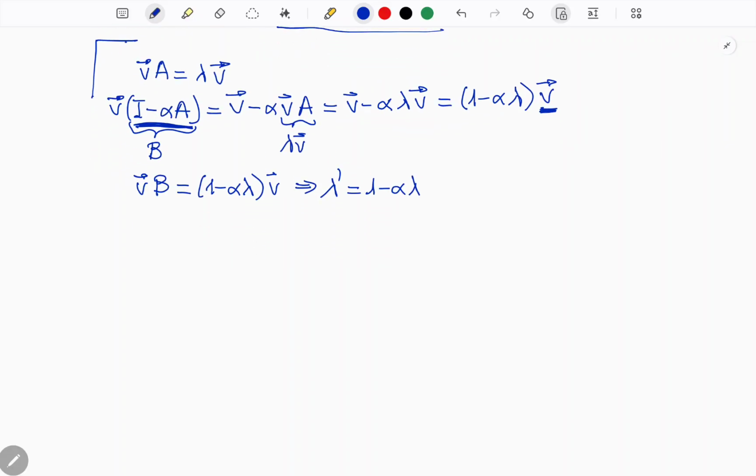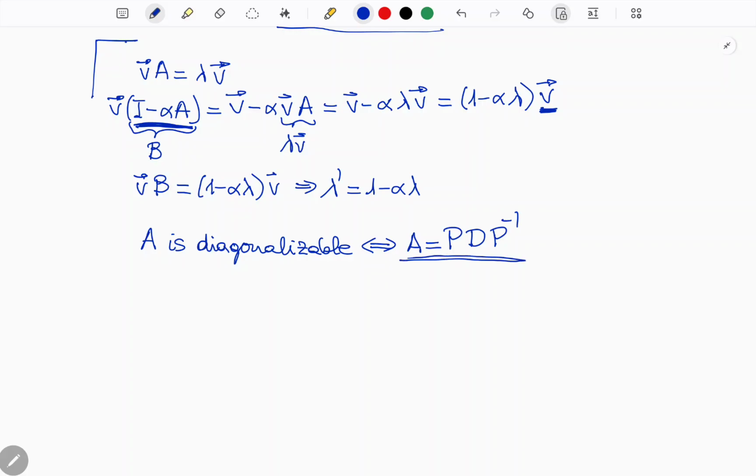Well, we are going to see another example, another result from eigenvectors, which is the following. If A is diagonalizable, and being diagonalizable is equivalent to saying that there is some matrix P and some diagonal matrix D such that P is non-singular, so I can calculate the inverse of P. So I can write A like this.